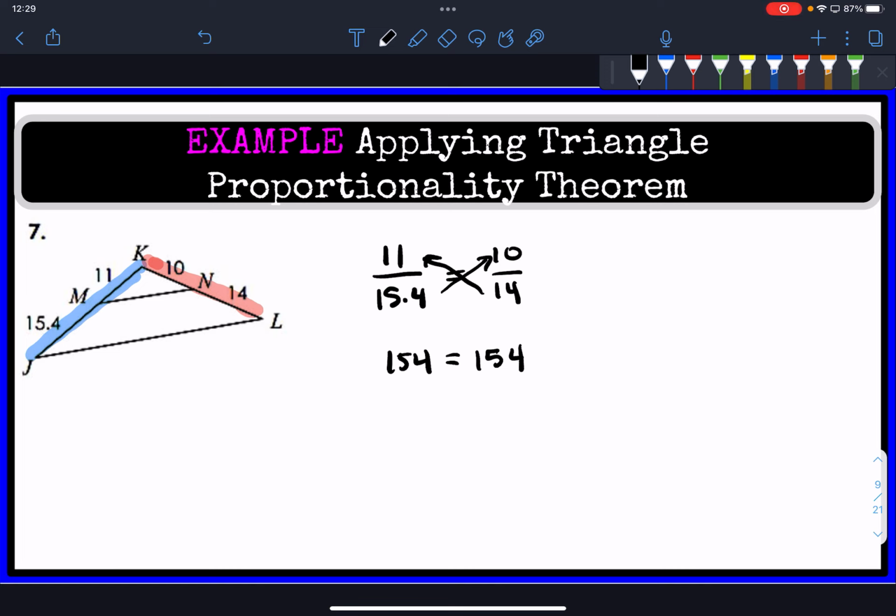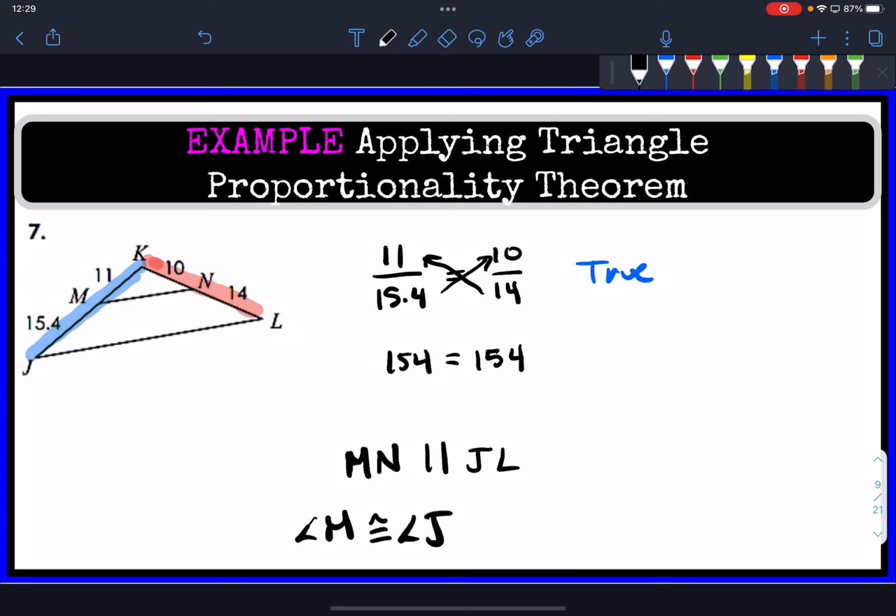So as a result, because this proportion is true, that means this segment from point M to point N is parallel to the segment from point J to point L. So these two segments are in fact parallel to each other, which implies that angle M is congruent to angle J, and angle N is congruent to angle L.